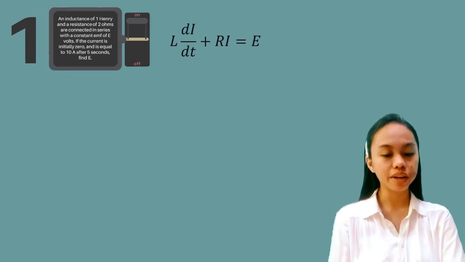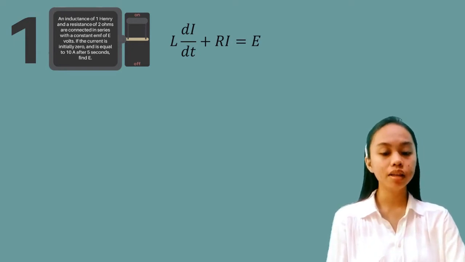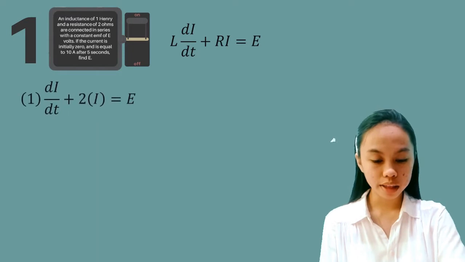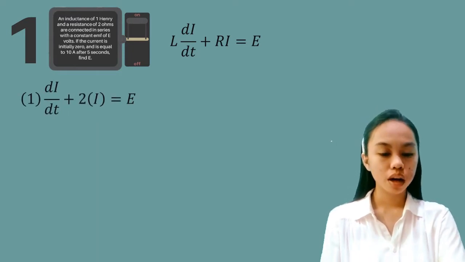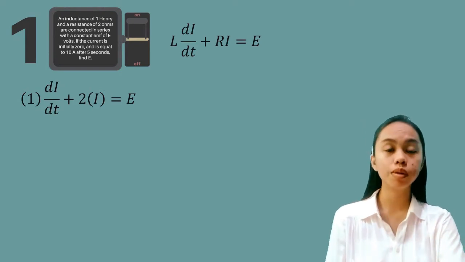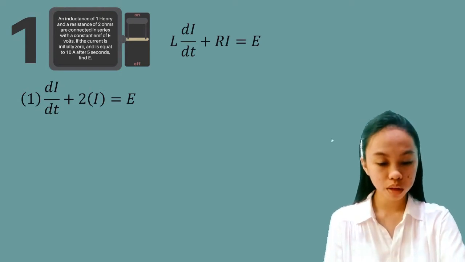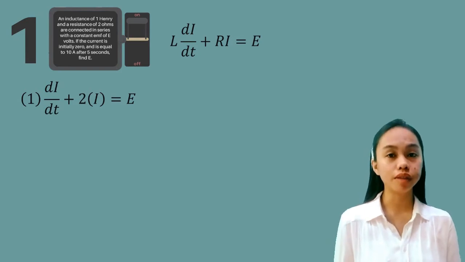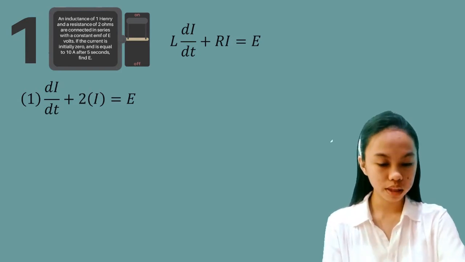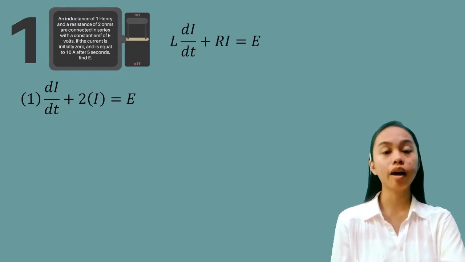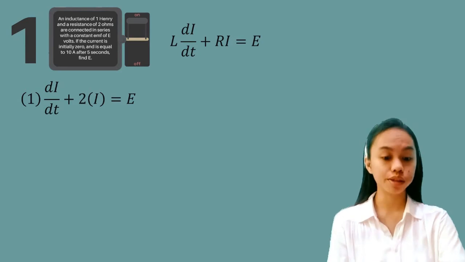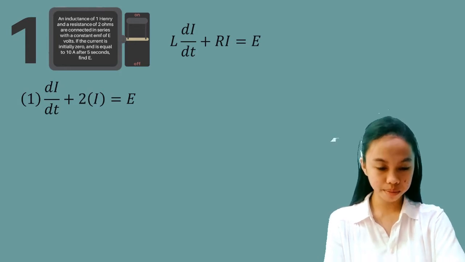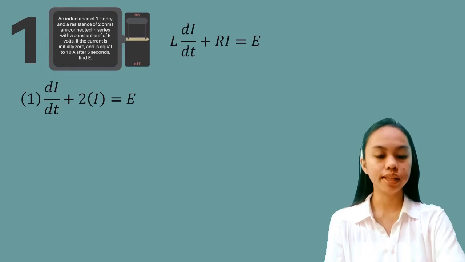We have 1 Henry, which is in terms of L, so we substitute 1 for L. So we have 1 di/dt plus, with a resistance of 2 ohms, we substitute 2 for R, 2 times I. We just copy I since we are not yet given the value of the current, so it is equal to E. E here is what we are finding, or the voltage source. So we simplify: di/dt + 2I = E.